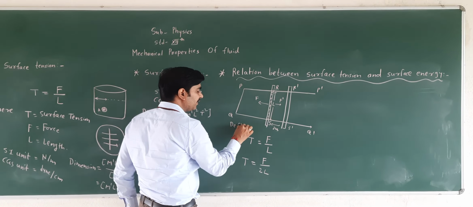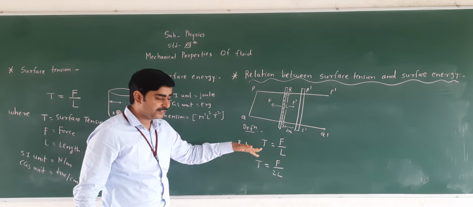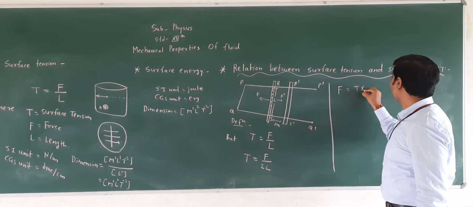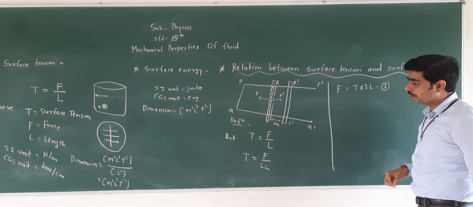According to the definition, surface tension T is equal to F upon L. But the rectangular frame has two surfaces in contact with the air. That statement you have to write. So T is equal to F upon 2L. That statement is necessary. Now we can write the force as F is equal to T into 2L. This is equation number 1. So this is the force.